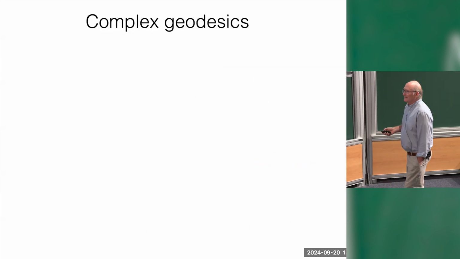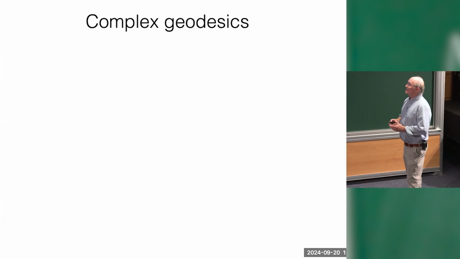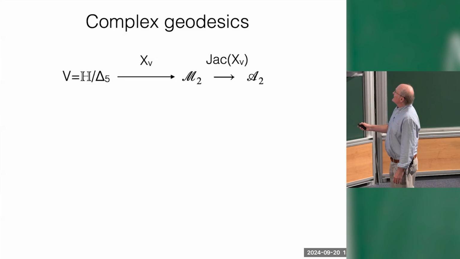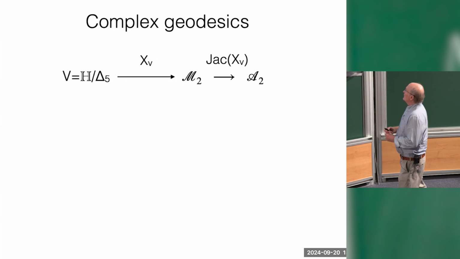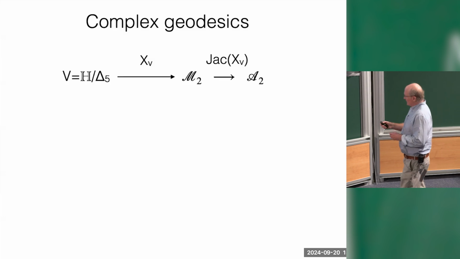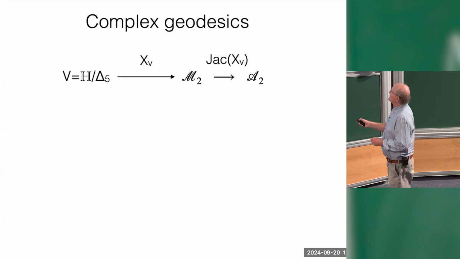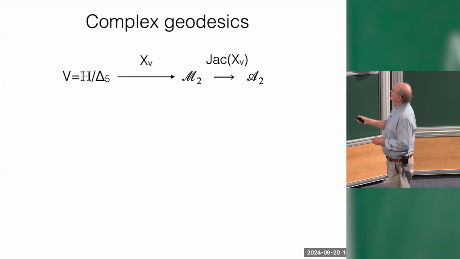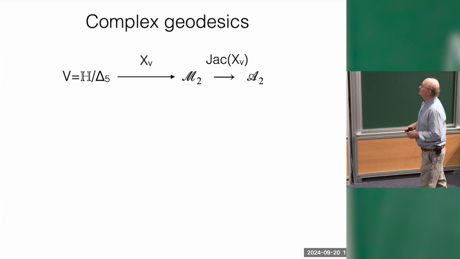Okay, so in fact, to explain the theorem in more detail and a conceptual proof of it, I need to introduce some more geometry. So let me just say, without further elaboration, that what makes this theorem of Veech work is the fact that there's associated to this triangle group a natural map from the quotient of the upper half plane by this group, which I'll call V, into the moduli space of Riemann surfaces of genus 2.